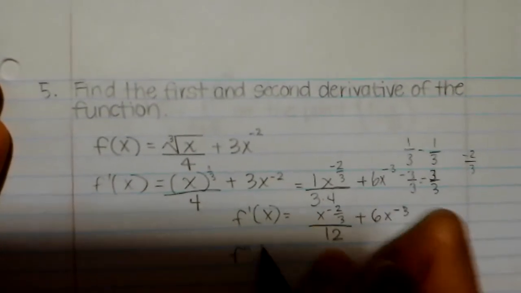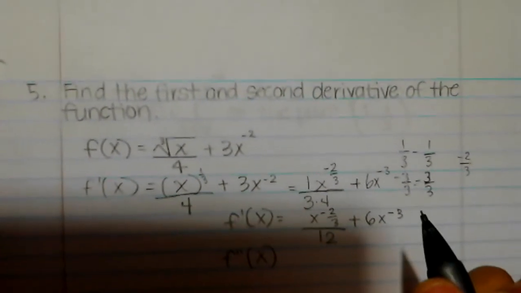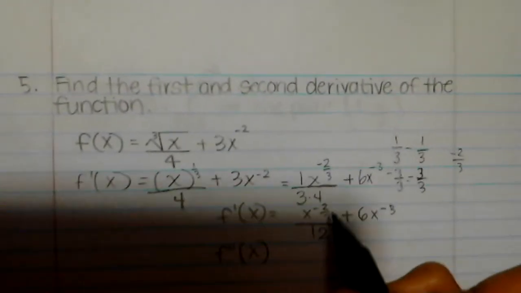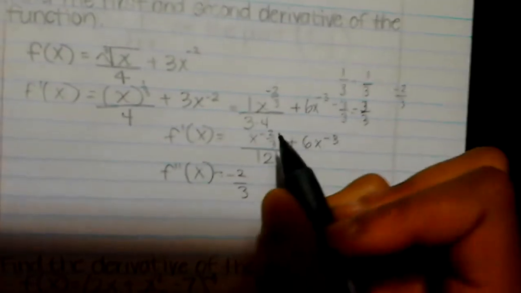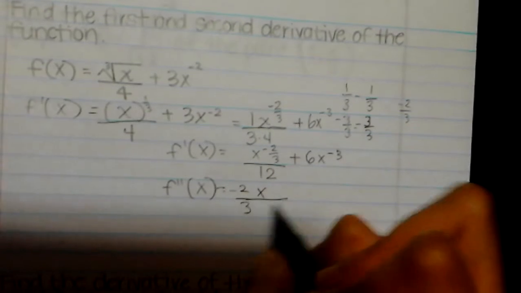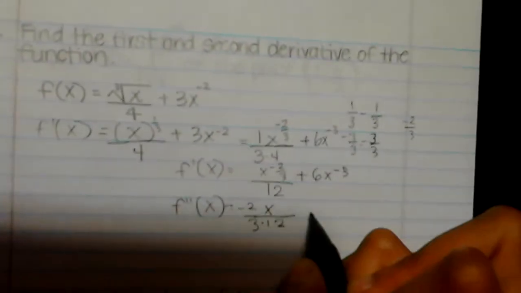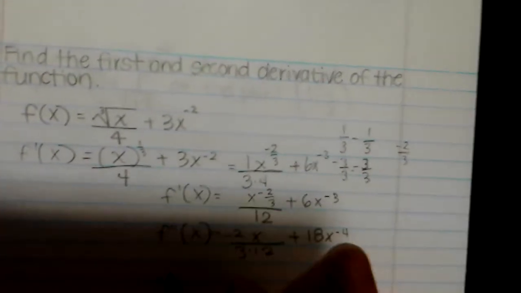The second derivative, I will multiply the negative 2/3 again in front, so negative 2/3 times x to the negative 5/3 over 12 plus 18x to the -4th.